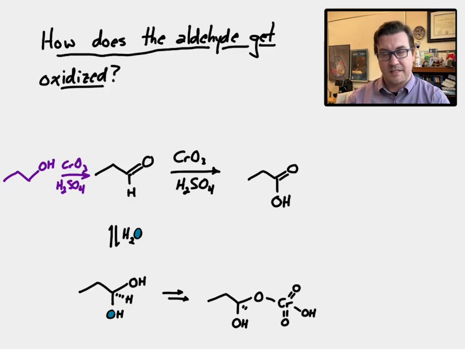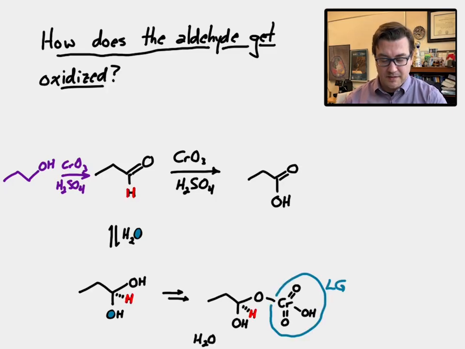Through steps similar to what we saw on the previous page, you end up forming an oxygen to chromium bond. That whole chromium species is a good leaving group, and you have water now, which can act as a base. This proton was here from the very beginning on this aldehyde, and now this hydrate has been activated with a leaving group. The water will abstract that hydrogen atom, and it will go on to form a double bond.